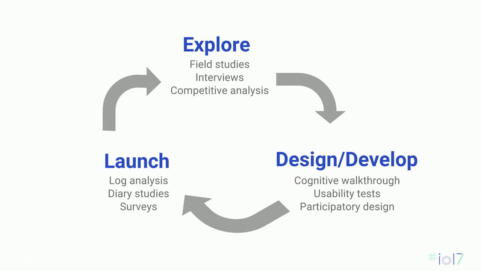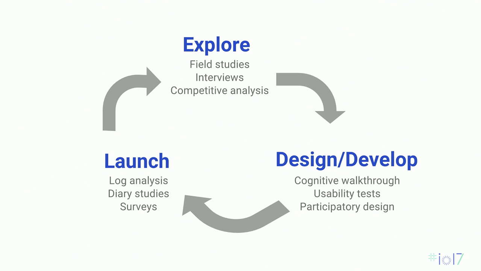Now that we have a common understanding of the concept of UX research, what does it actually entail? UX research is a set of research methods that can help you during the whole process of your product development cycle. UX research methods such as field studies, interviews, or competitive analysis are very well suited in the beginning of your product development work, because they are especially useful in order to understand how technology usage works and how new innovative fields work.